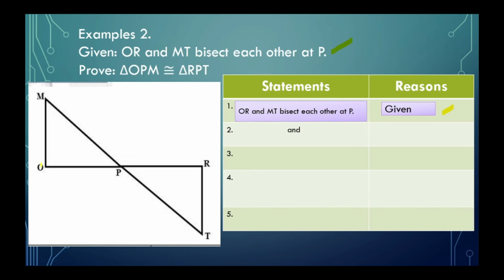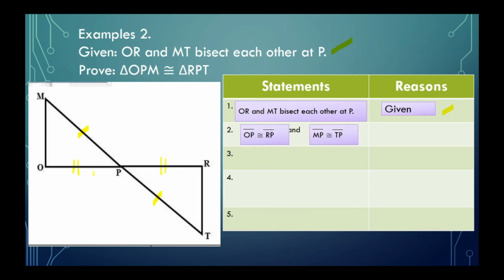Okay? So, if this OR bisects MT at point P, we can say that this MP, etong segment na to, is congruent to TP. And this OP is congruent to PR. No? Ito yon.